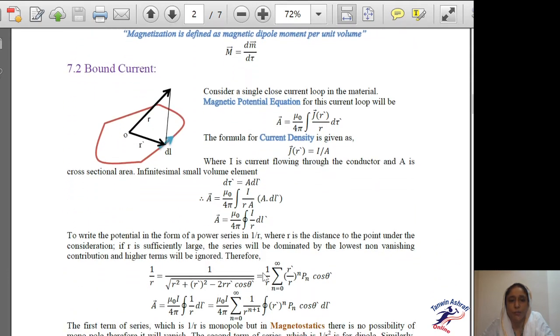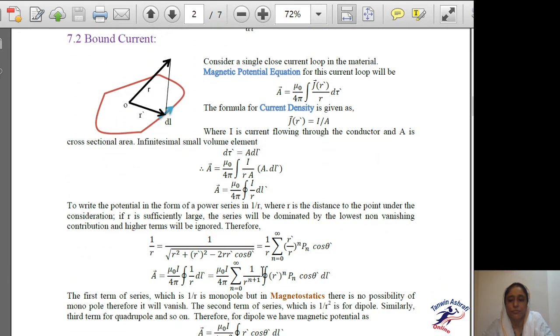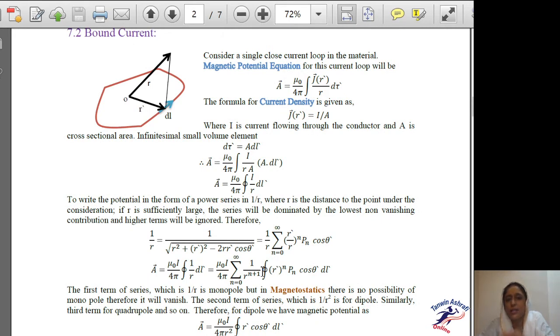Bound current. Consider a single closed current loop in a material. The magnetic potential equation for this current loop will be A, which we have defined in a previous lecture. A is equal to mu naught divided by 4 pi, integration of current density J divided by R, d tau prime.